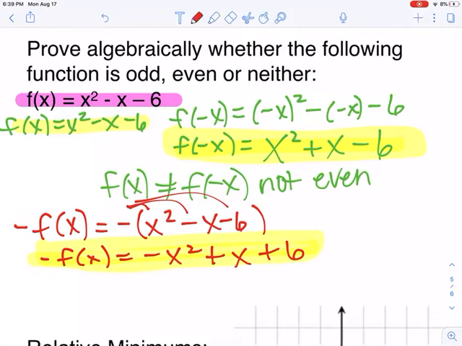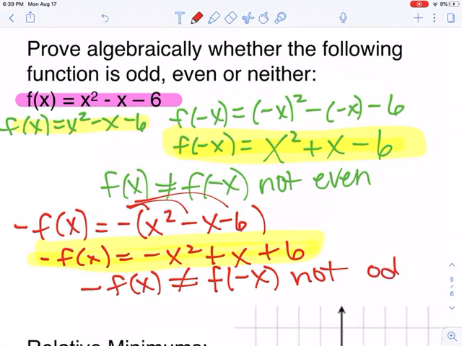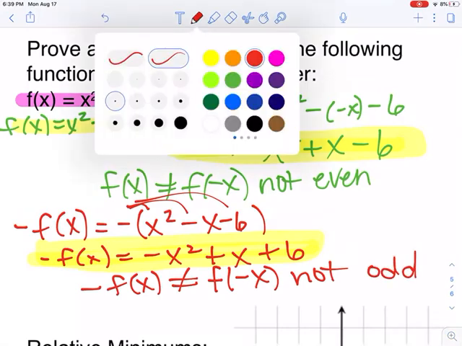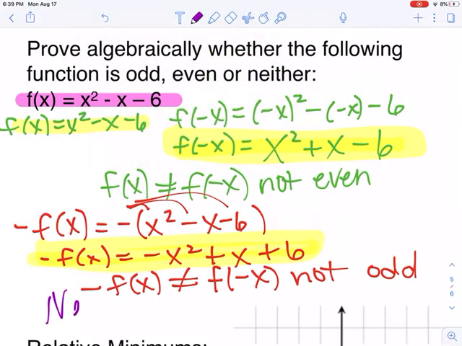These two do not look the same. So now we can conclude that since negative f of x is not the same as f of negative x, then it's also not odd. So our answer to this problem would be neither.